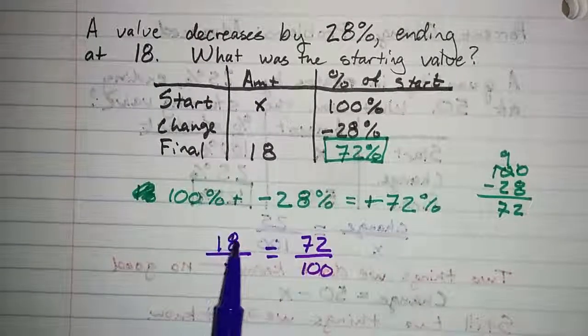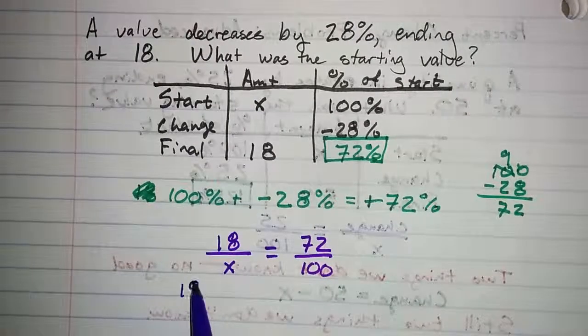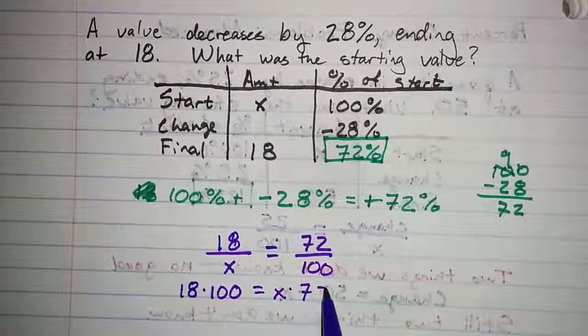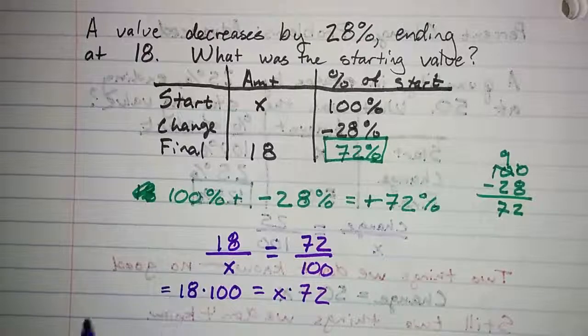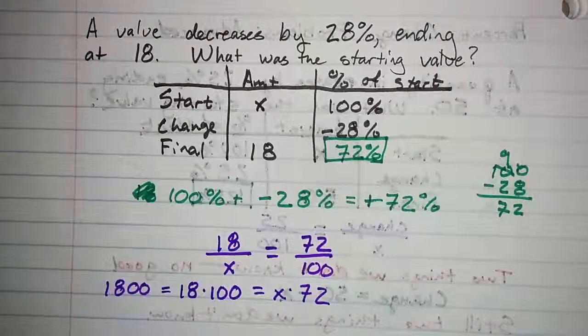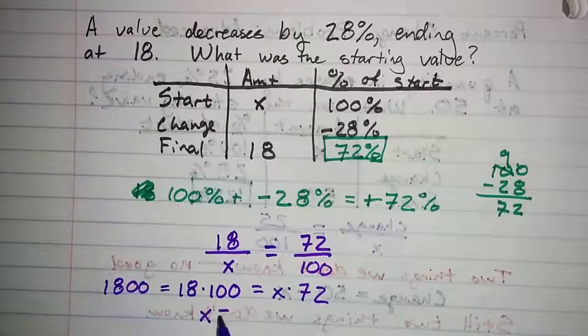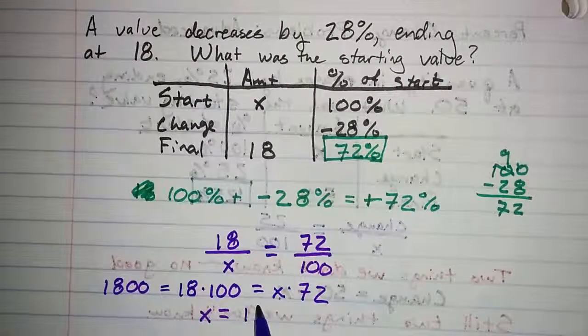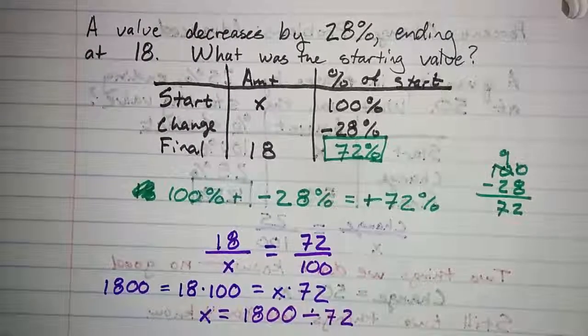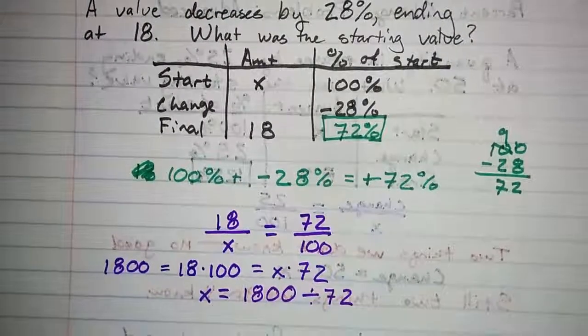Now we go to the cross products. 18 times 100 is x times 72. 18 times 100, of course, is 1800. So my x is going to be 1800 divided by 72. Let's do that division.